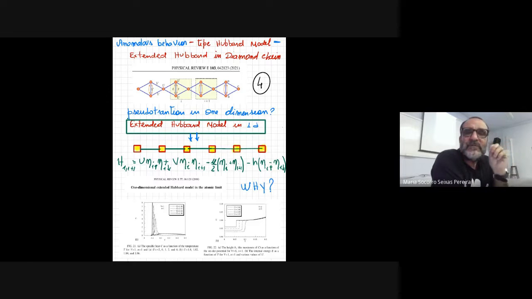And this model was important to us because it gives us an idea that the Hubbard model was important to study in only one dimension. This Hubbard model in the diamond chain was a toy model for us. But the next step was to study the extended Hubbard model in one dimension.